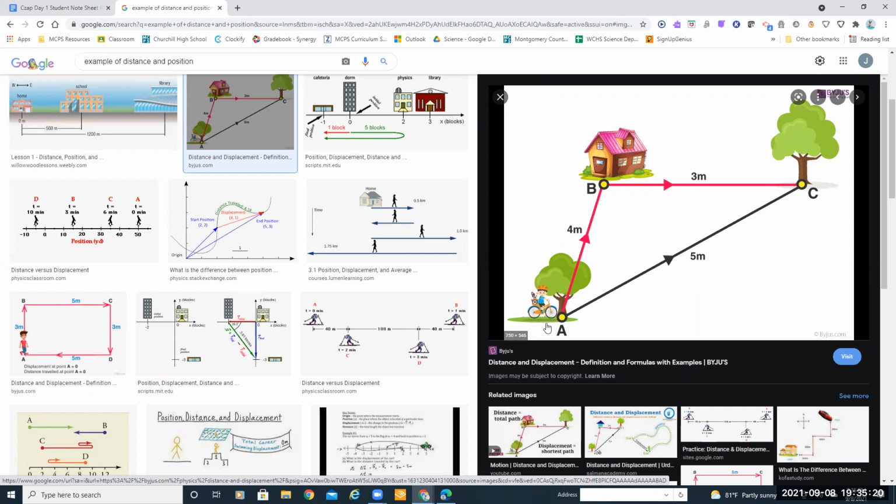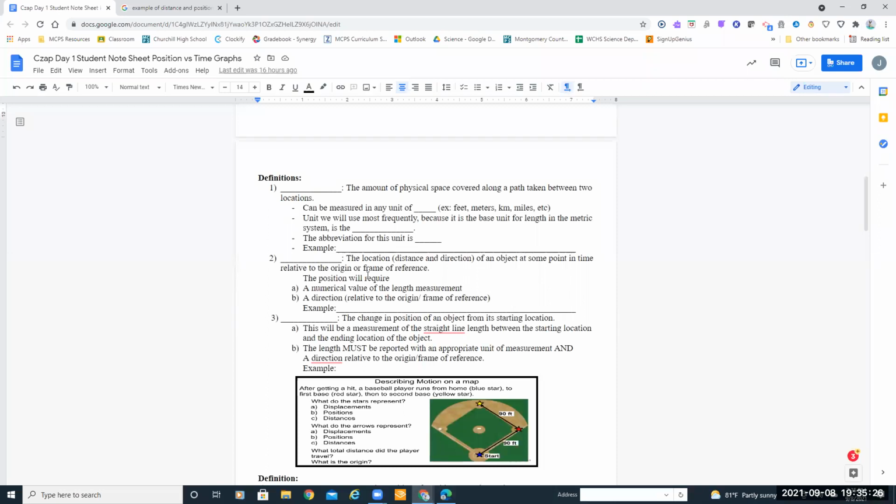So let's define the next one. Number 2, position. Position is the location, distance, and direction of an object at some point in time relative to the origin or frame of reference. The position is going to require a numerical value of the length measurement.